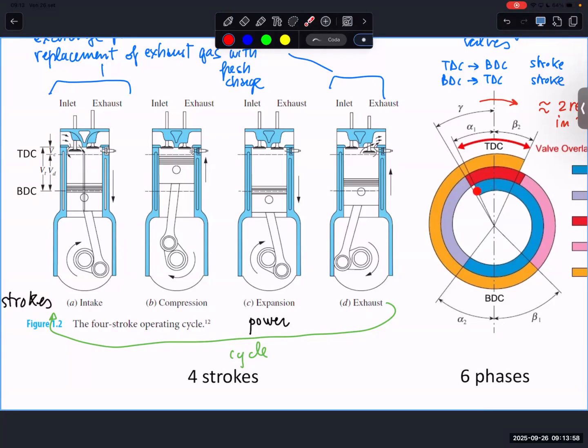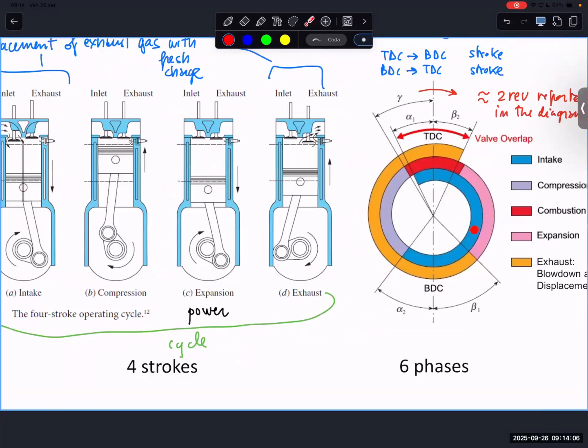We open in advance because we would like to have the valve already open in this position. So we will have the intake phase. Air is still entering, so we close the valve with a little retard. So we have an advance of the opening and a retard of the closure of the intake valve.